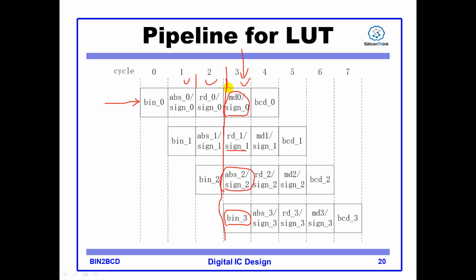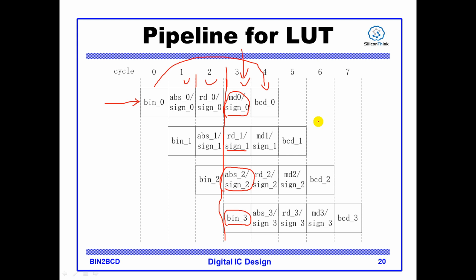So this is the character of pipeline. Each pipe stage will do calculation for different inputs. And from the input to output, there will be some cycle latency.